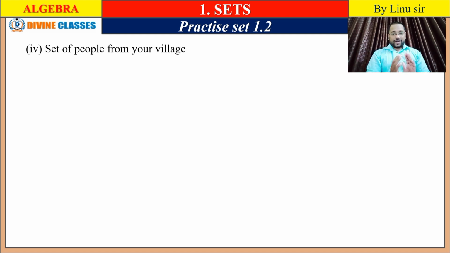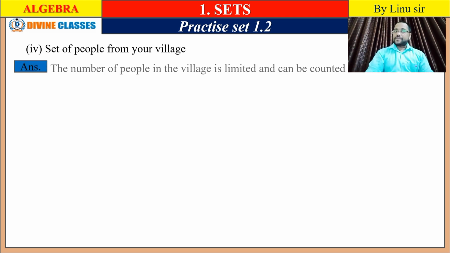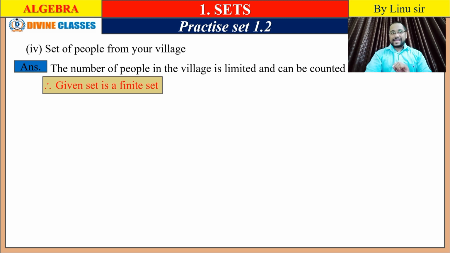We have already studied in geography in previous standards that in the census we count the number of people in our village. So the number of people in the village is limited and can be counted. Therefore, the given set is a finite set.